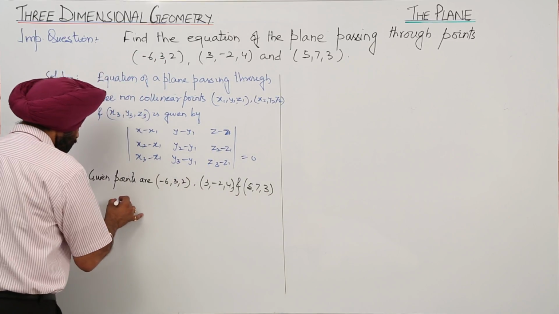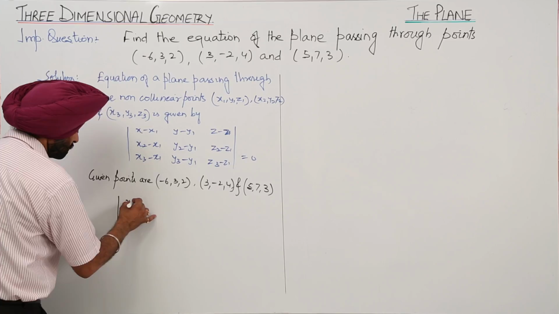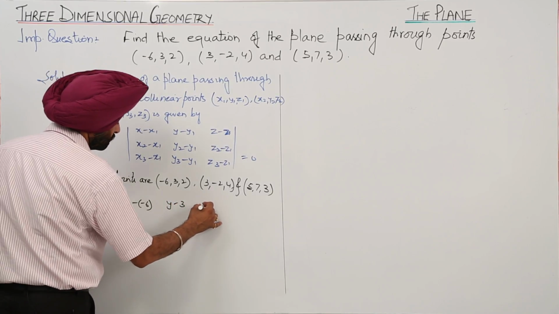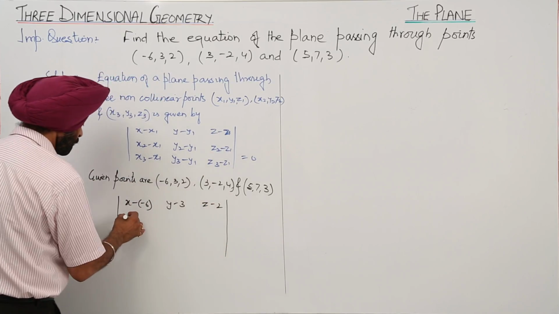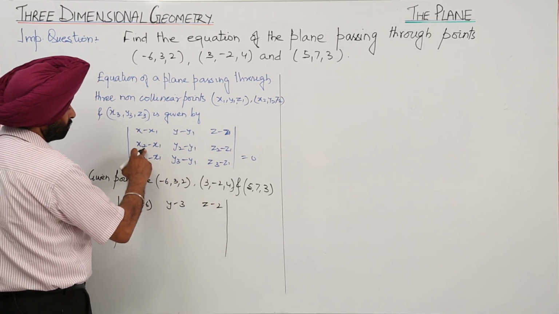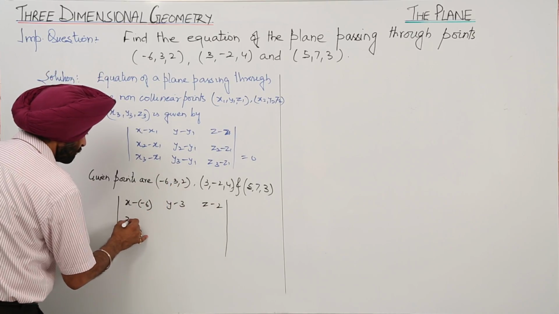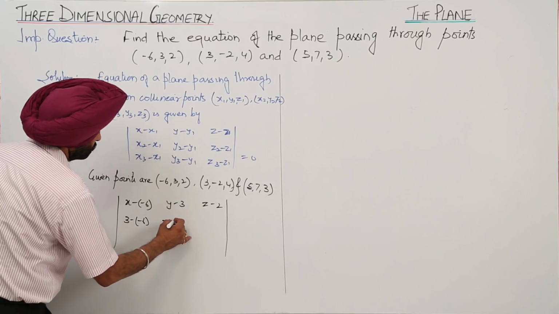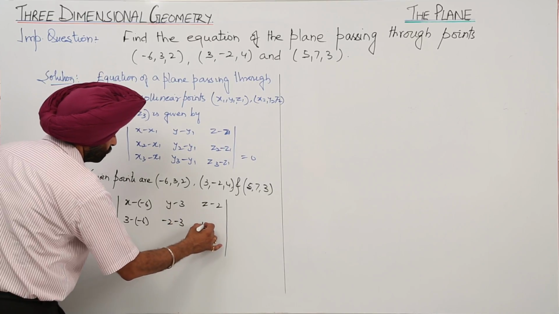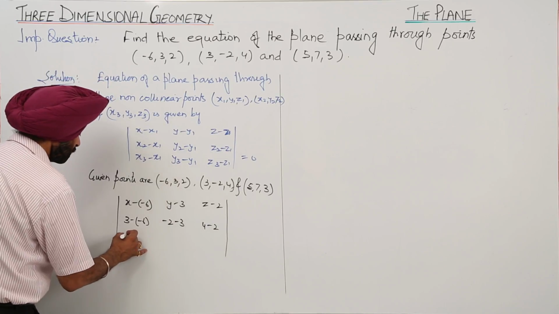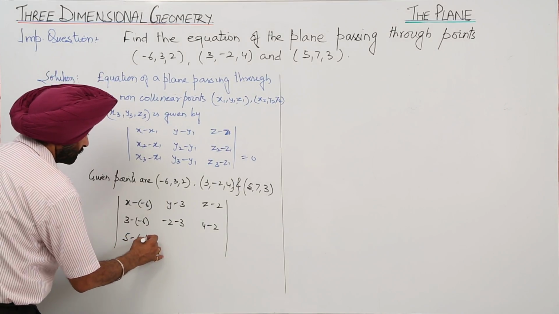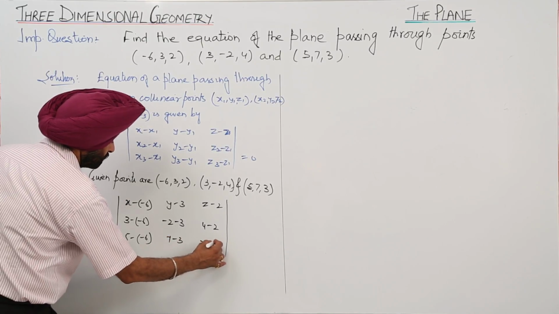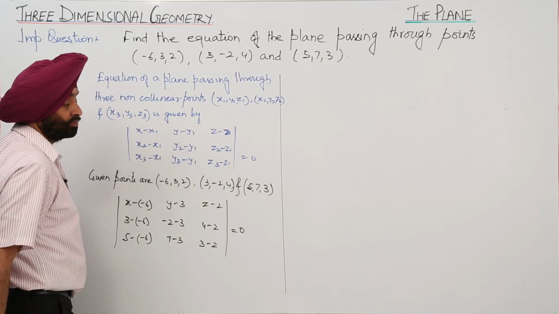Now, we get x minus minus 6, y minus 3, z minus 2, then x2 minus x1: 3 minus minus 6, negative of 2 minus 3, 4 minus 2. Then 5 minus minus 6, 7 minus 3 and 3 minus 2, this is equal to 0.